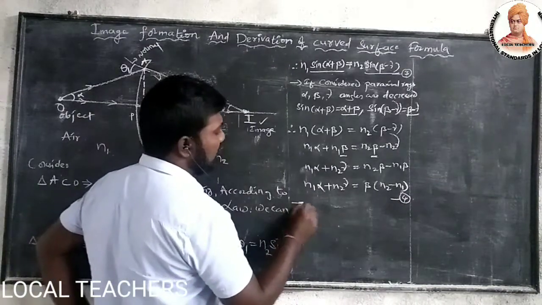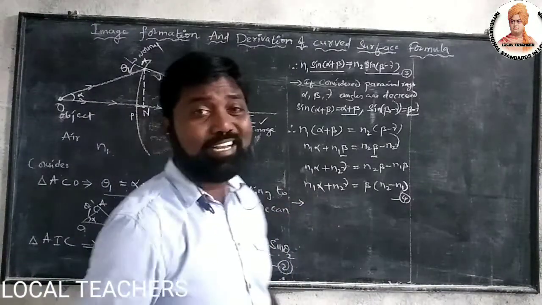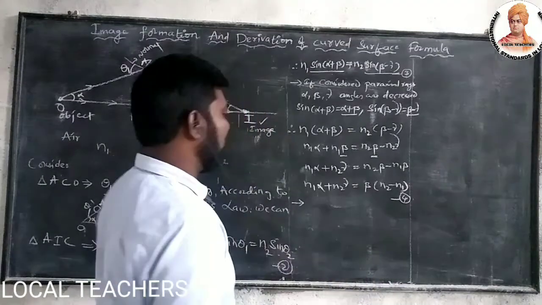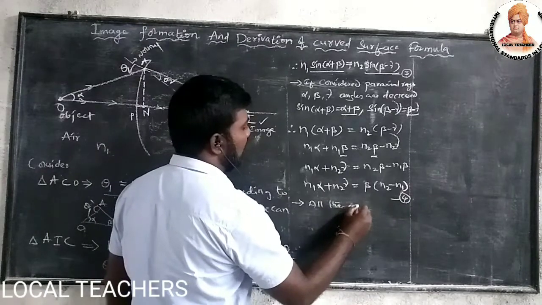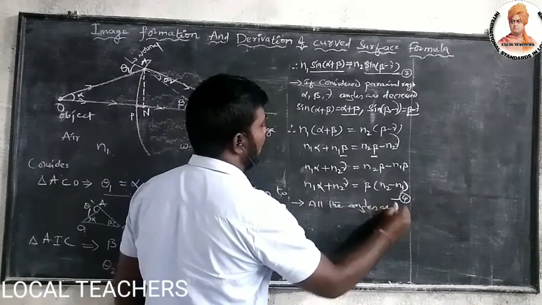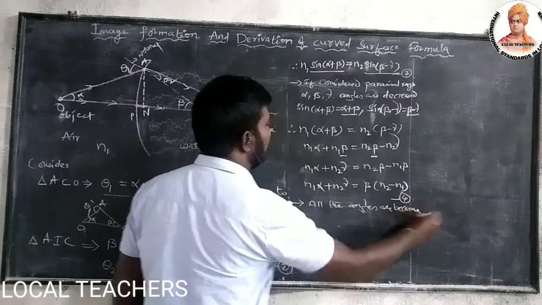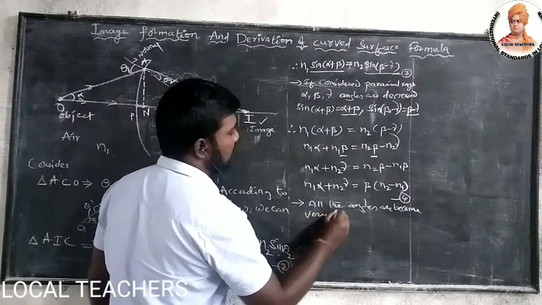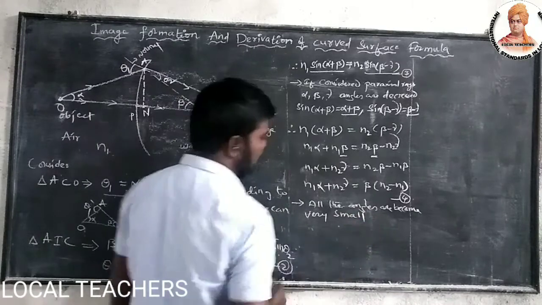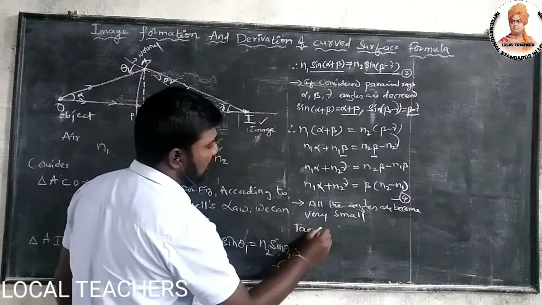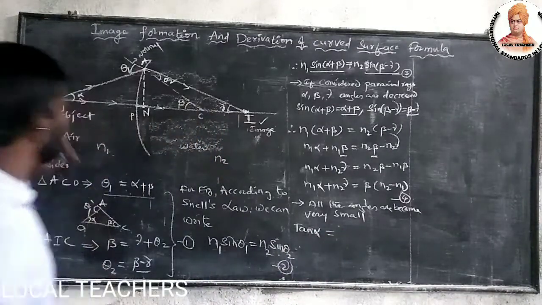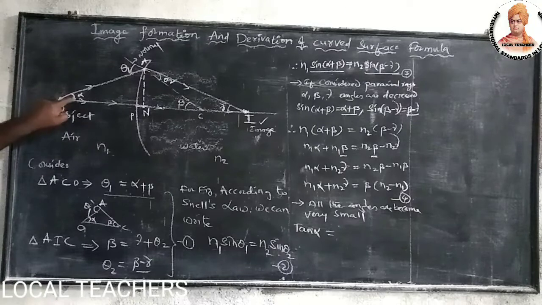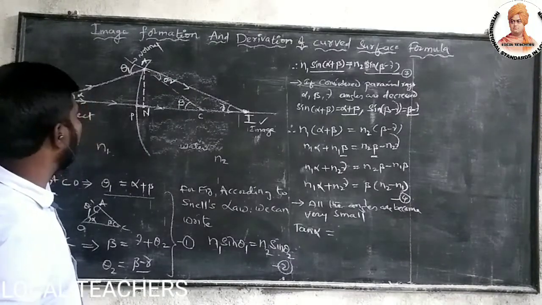Here I consider paraxial rays. So what happens here? All the angles become very small. So I can write tan alpha equals, here tan alpha is nothing but, I am going to apply this, this is alpha, so I am applying tan alpha.